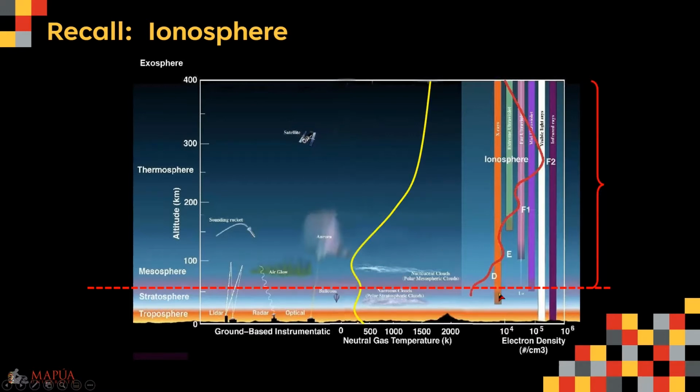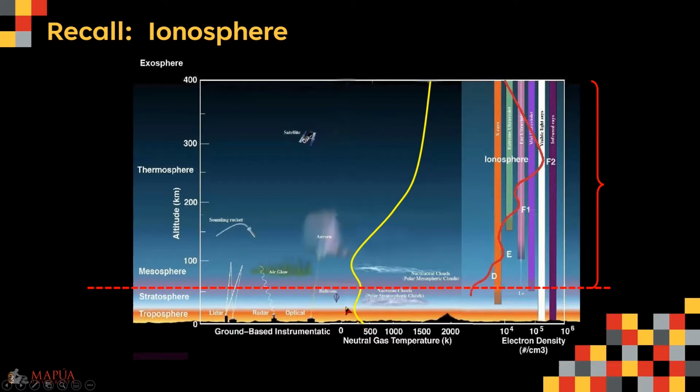Okay, so just to compare the neutral gases and the electron density. The ionosphere is stratified based on its electron density, whereas the neutral atmosphere is based on temperature gradients.